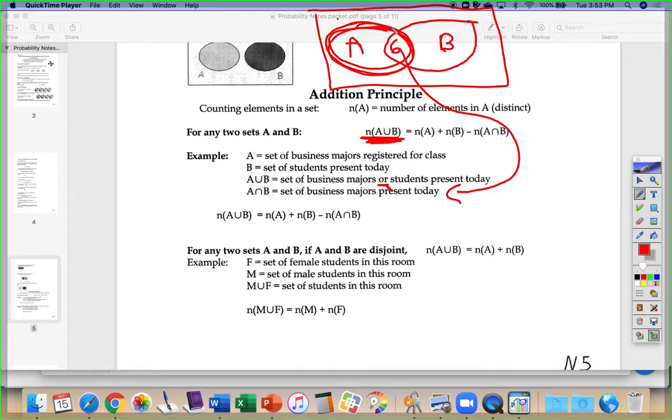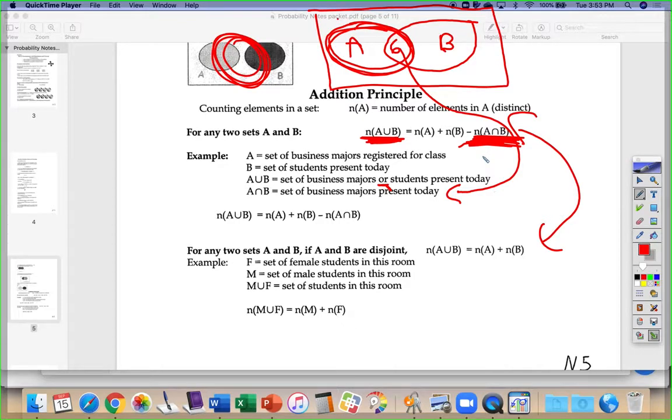This is going to be a lot better when we do more examples, but I just wanted to start by saying we are going to have these principles. When we get to the next page, you'll see why it's so important. Disjoint, so basically if I have these Venn diagrams and nothing is in the overlap, you don't have to do the step of subtracting the overlap.